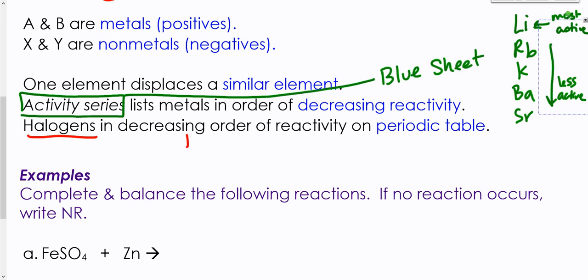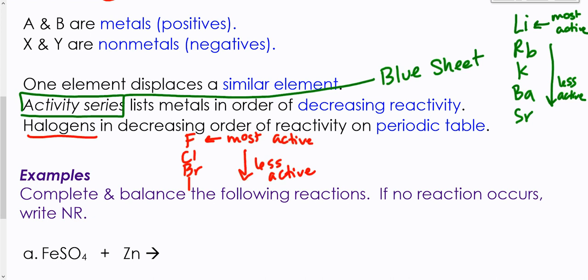These go from fluorine to chlorine to bromine to iodine. Fluorine is the most active, so it can replace chlorine, bromine, and iodine. Again, it gets less active as you go down the list.